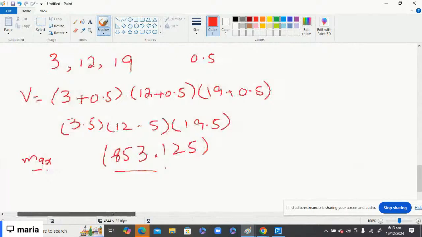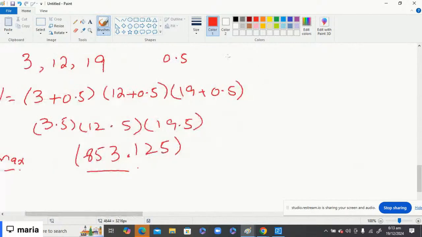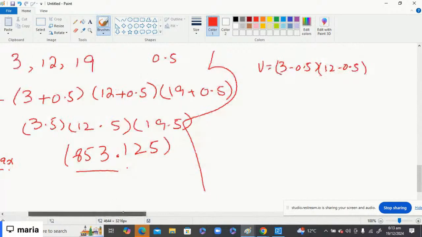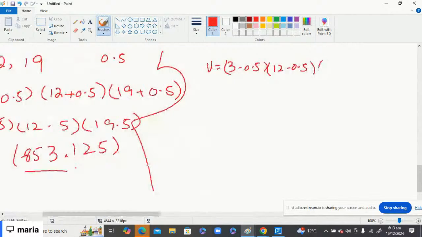Just subtracting. So subtract 3 minus 0.5, 12 minus 0.5, 19 minus 0.5. When you subtract 0.5 from 3, the answer is 2.5.